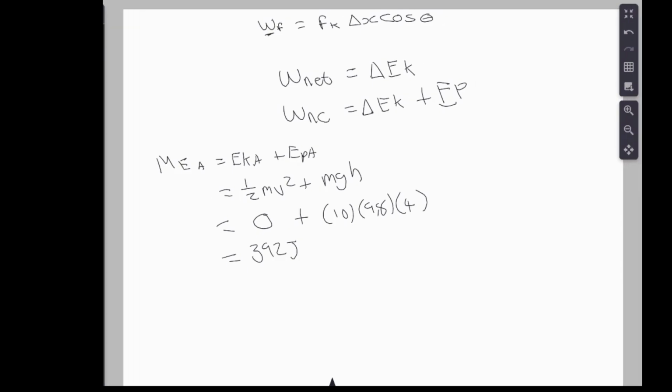So let's draw a line here, and say the change in kinetic energy is EK at C minus EK at B.